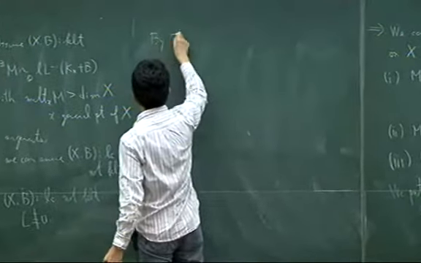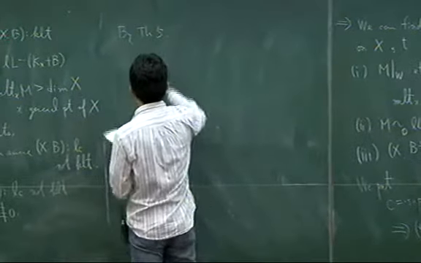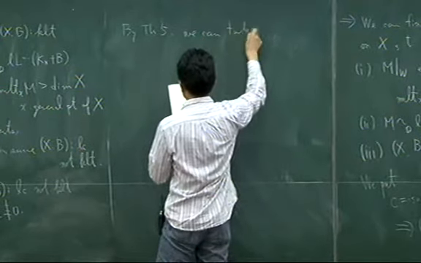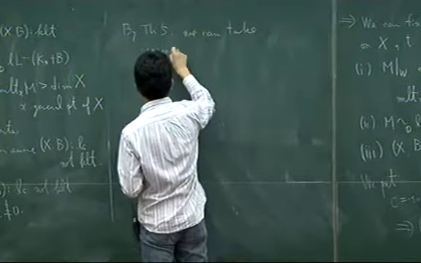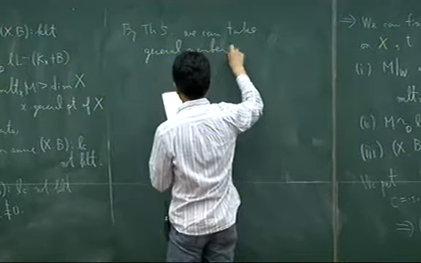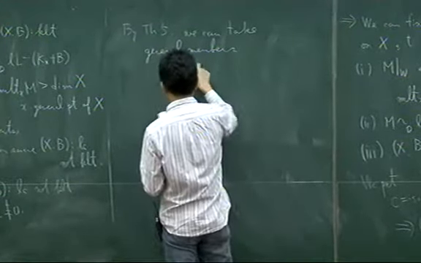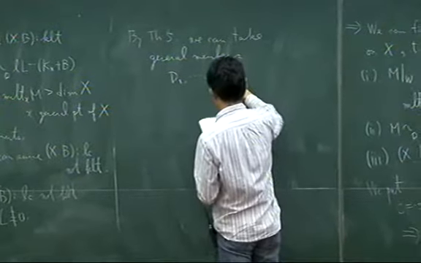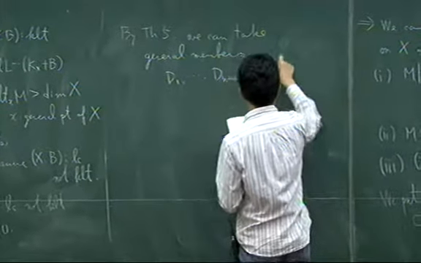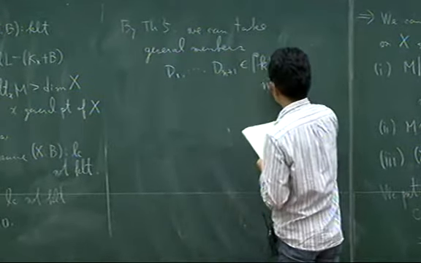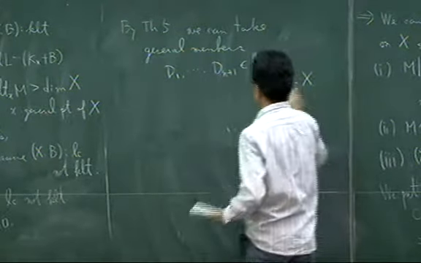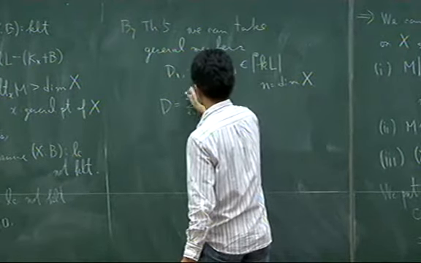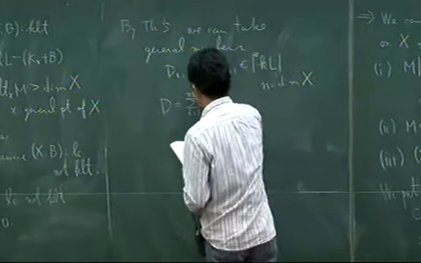By theorem 5, we can take general members D1, ..., D_{n+1} of |kL| for some positive k, where n equals the dimension of X. And we put D equal to the sum of Di, i from 1 to n plus 1.